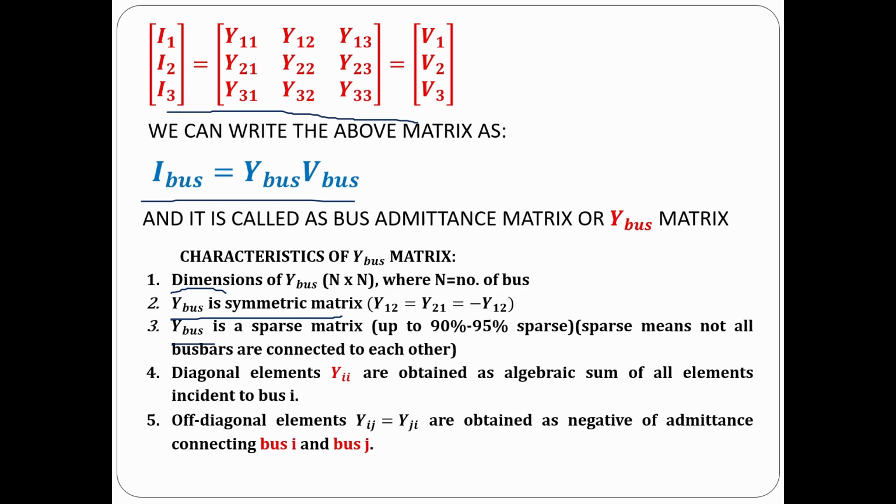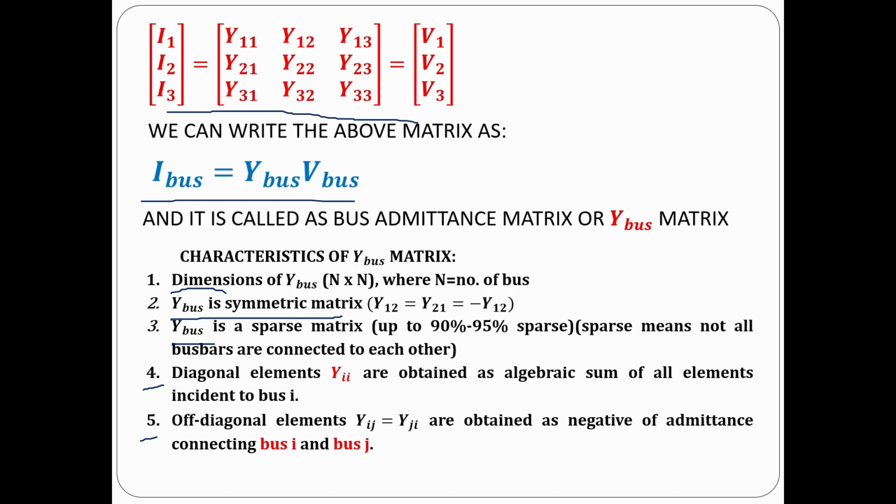Sparse means not all buses are connected to each other. Number 4, the diagonal elements Yii are obtained as the algebraic sum of all elements incident to bus i. And the last, the off-diagonal elements Yij, equal to Yji, are obtained as the negative of the admittance connecting bus i and bus j.